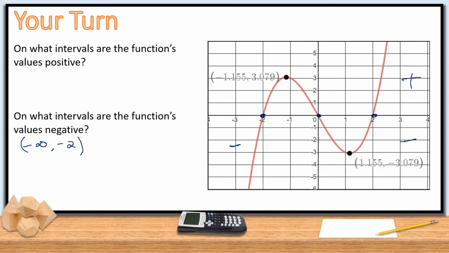Anything between negative 2 and 0 is positive. Anything between 0 and 2 is negative, it's below the line. And then anything from 2 onwards to positive infinity is positive.